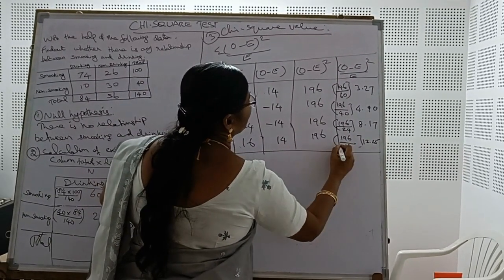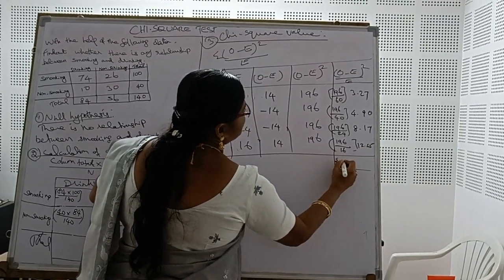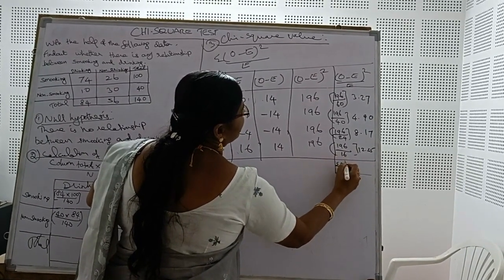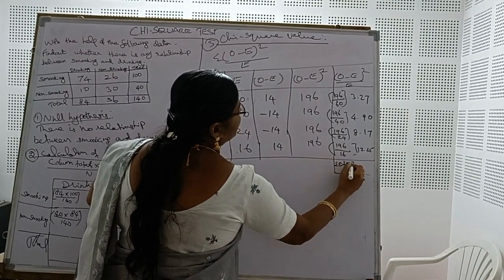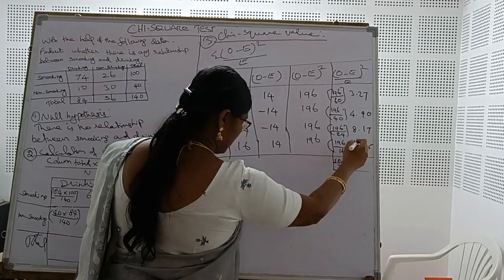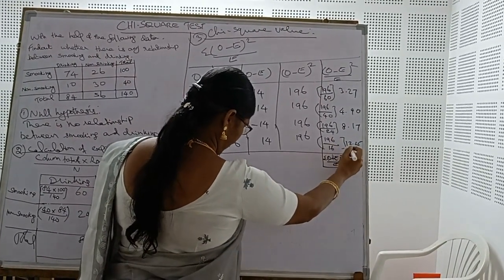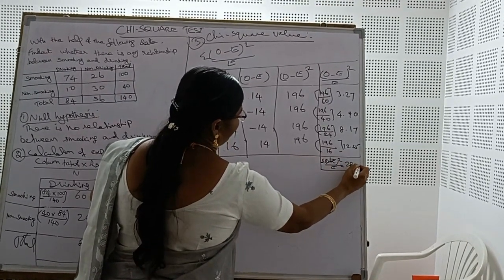And finally, we total those values, that is sigma O minus E the whole square divided by E. The total is 28.58.